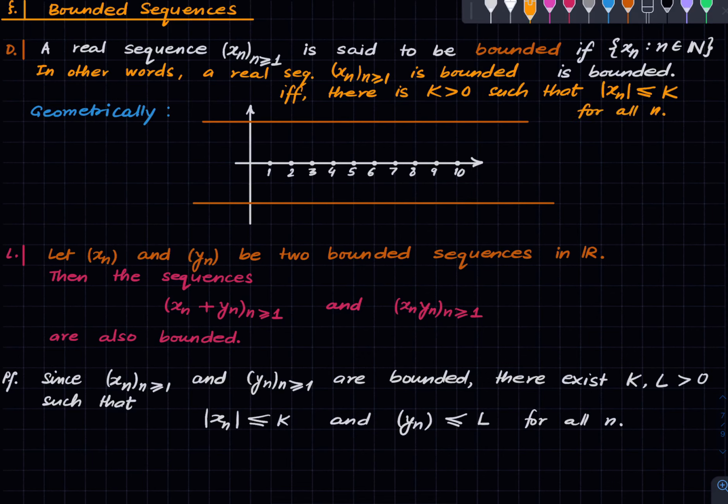I'm just recasting what was written here, or rather just unraveling the definition of boundedness of a given set. That's all that I'm doing. So maybe it's all hodgepodge. Let me make some space, which I don't know how to do.